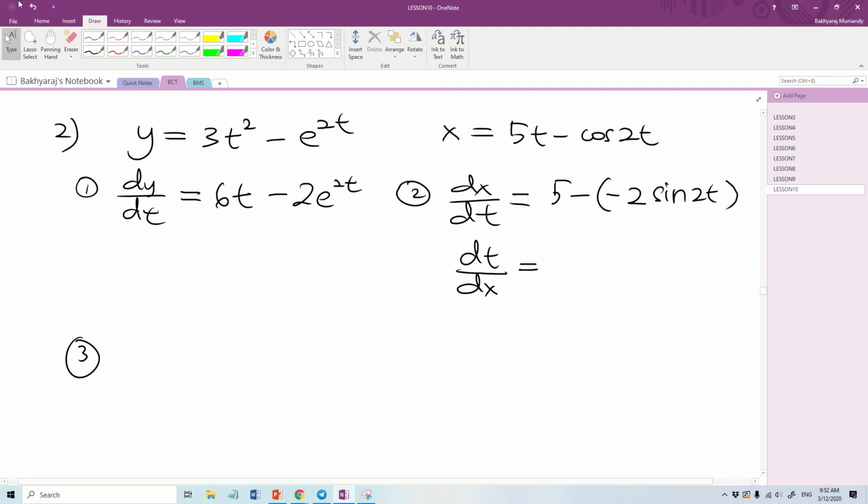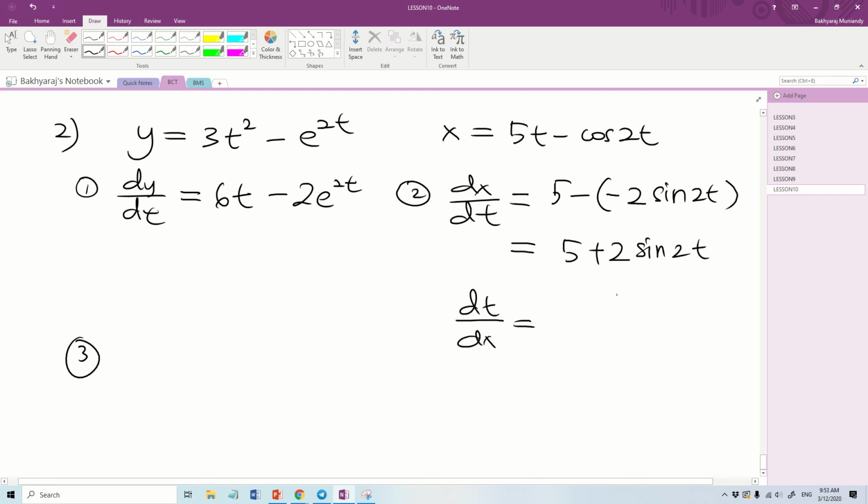So negative negative becomes positive. You get plus 2 sine 2t. Changing back, dt over dx equals 1 over 5 plus 2 sine 2t.